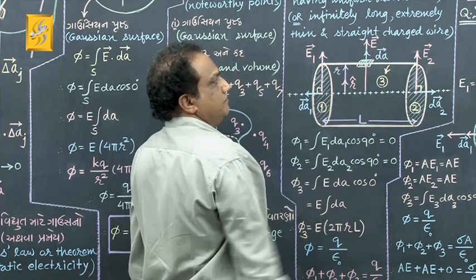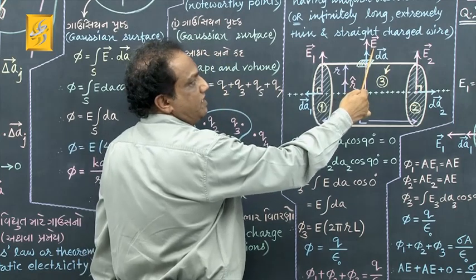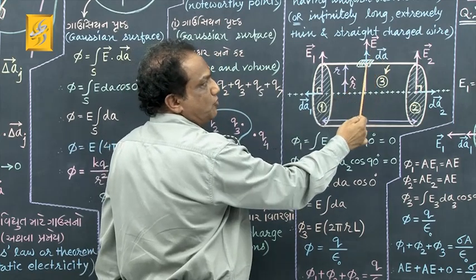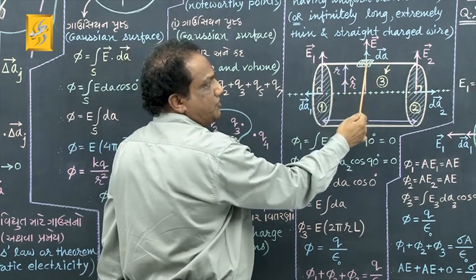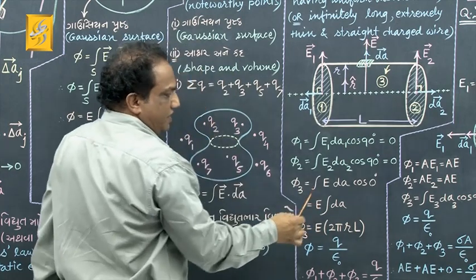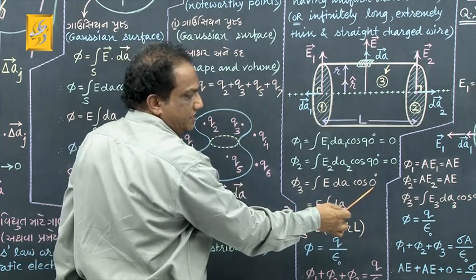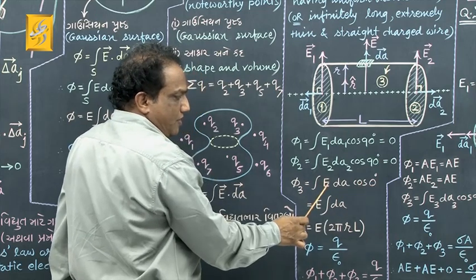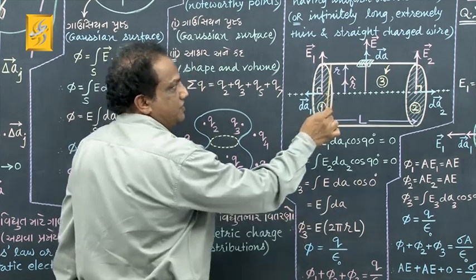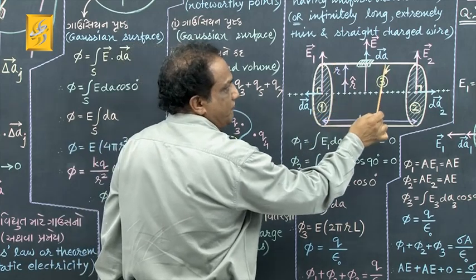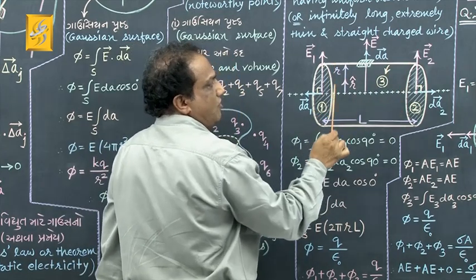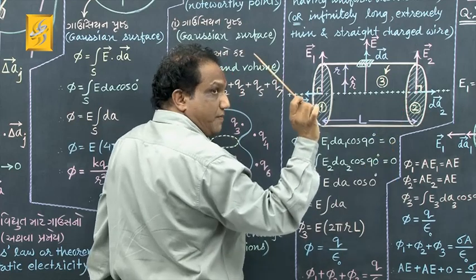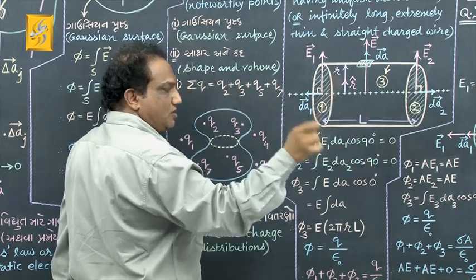Correct? Fine. Now here the angle between vector E and vector dA is 0 degree because both of them are pointing in the same direction. Now integration E dA cos theta. Theta is right now 0 degree, cos 0 is 1, and because the value of E is the same at all these points which are equidistant from this line of charge, the magnitude of electric field is same and constant.